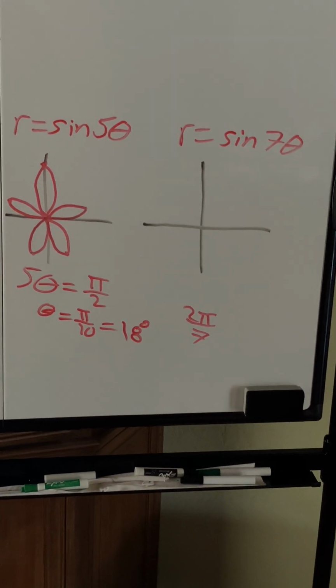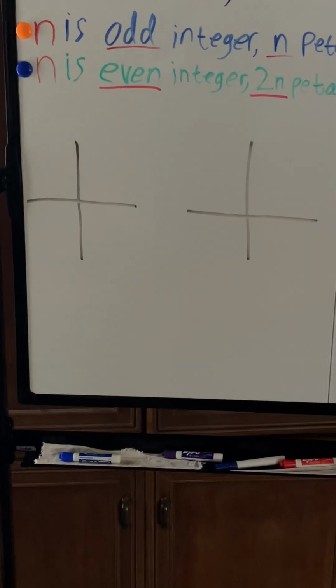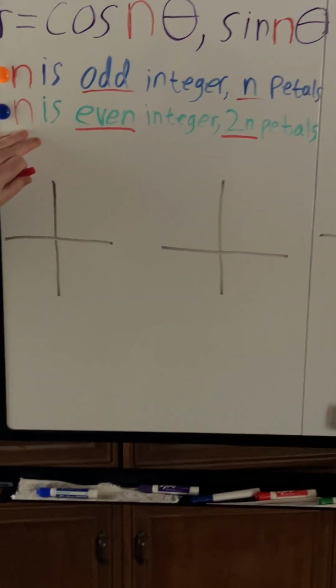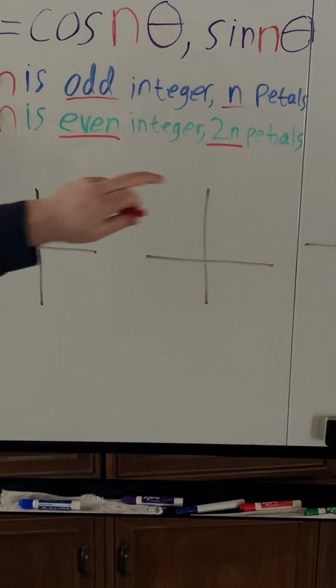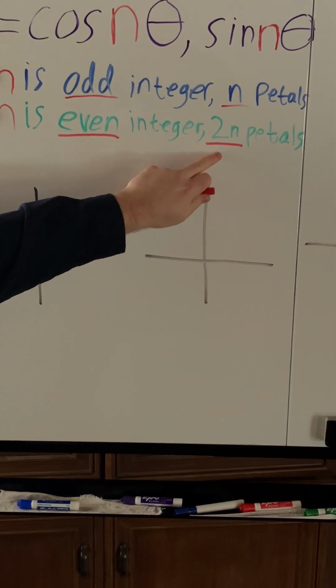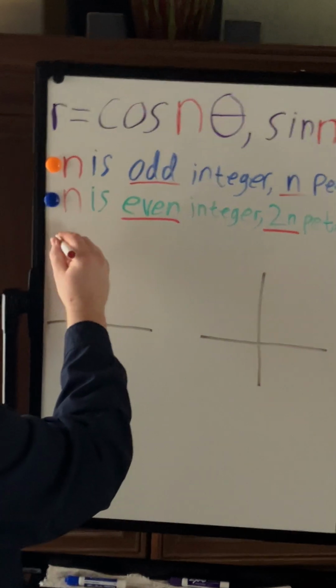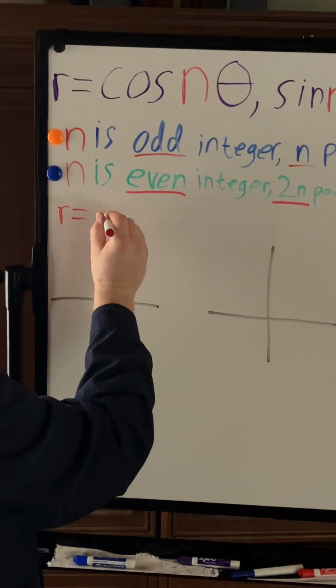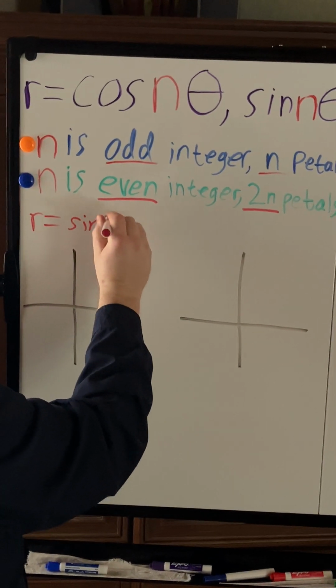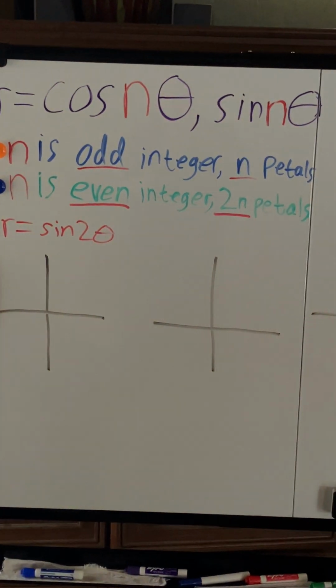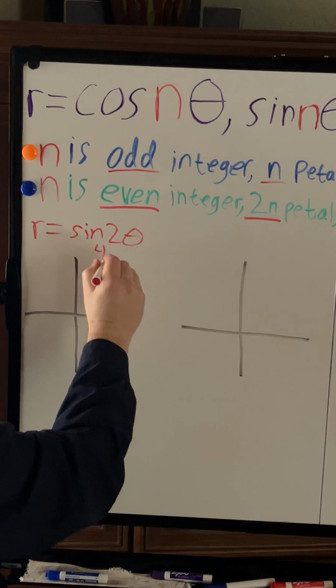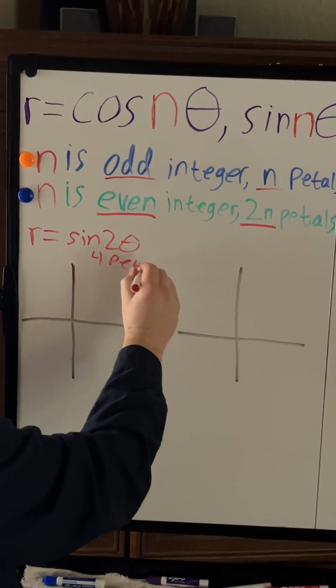All right, now let's look at an even number. If n is even, you're going to have twice that many petals. So for example, if I have r equals sine 2 theta, then I know that's going to be 4 petals.